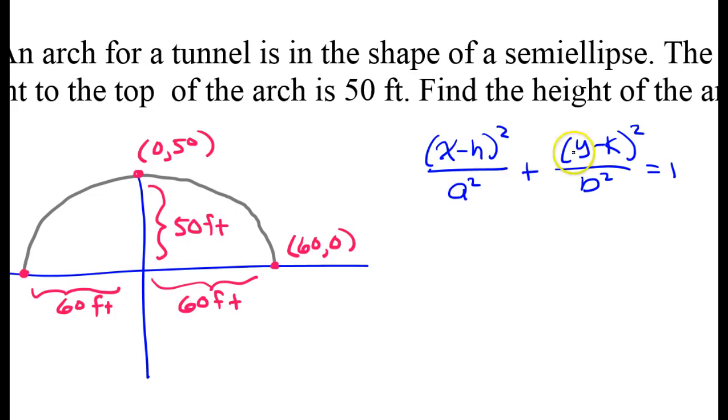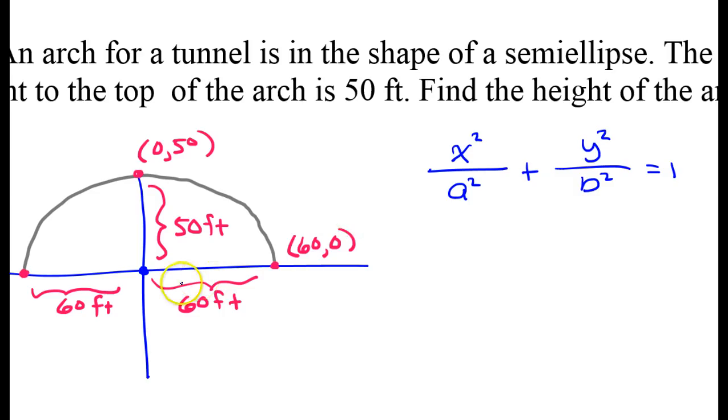But actually, h comma k, those are the coordinates of the center. So since the center is here at 0, 0, I'm not really going to need the h and the k. So I'm just going to have x squared and y squared. So let me simplify. It's just going to be x squared over a squared and y squared over b squared.